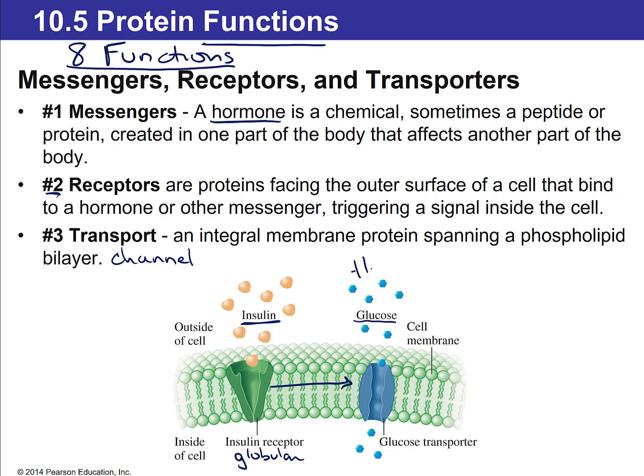Because remember, it's always going to move from high concentration to low concentration, and it's going to keep doing that until the concentrations are equal. As long as insulin is present, it binds to the receptor, and the receptor then tells that channel, open up and bring glucose into the cell. So there's 3: messengers, receptors, transporters.